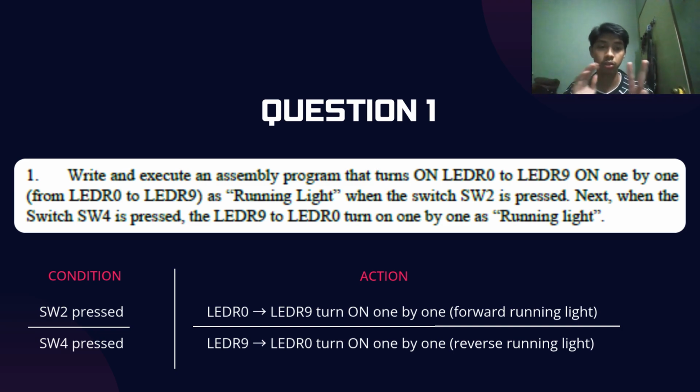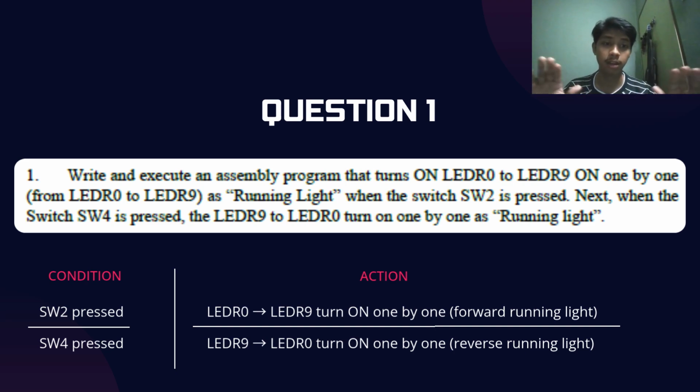So here we got two conditions, which are SW2 is pressed and SW4 is pressed. What happens when SW2 is pressed? The action of the program will turn on LED R0 to LED R9 one by one, and it is called forward running light.